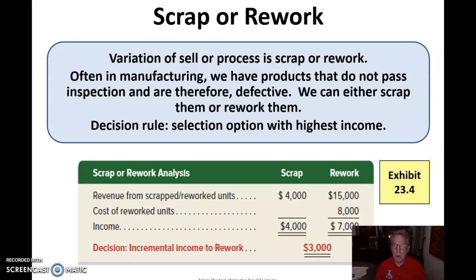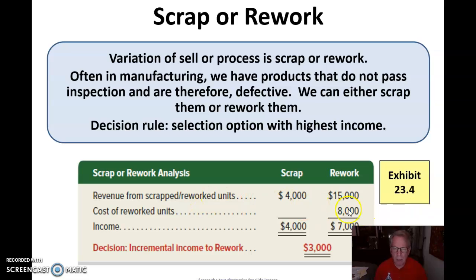Scrap or rework. A variation of the sell or process decision is scrap or rework. And often in manufacturing, just as I said previously, we have products that don't pass inspection and are discrepant or defective. We can either scrap the little beauties or rework them. The decision rule, same as always, we're going to select the option with the highest income.